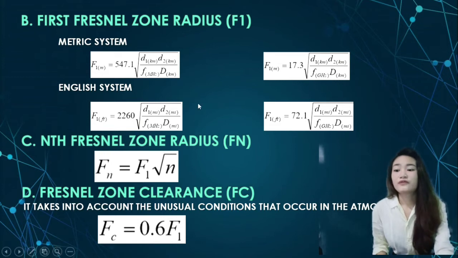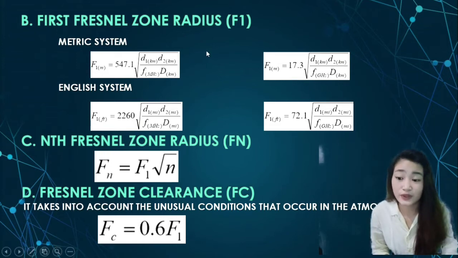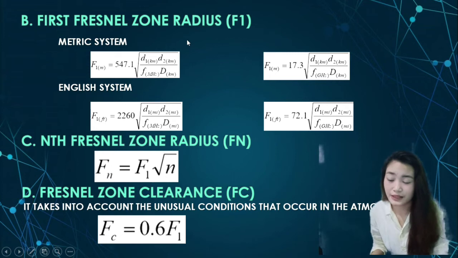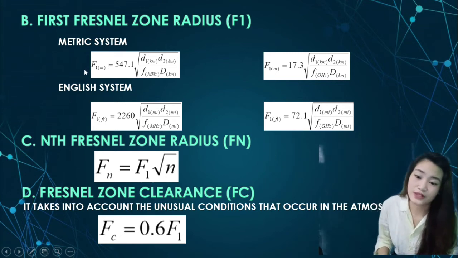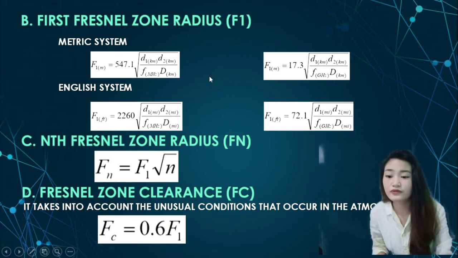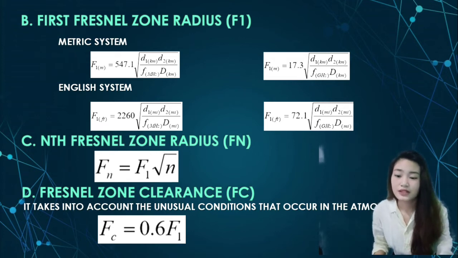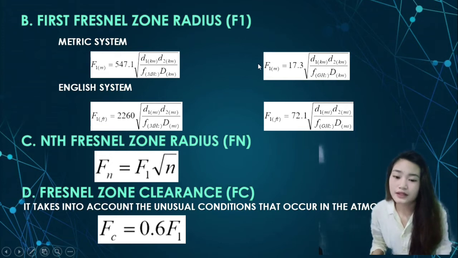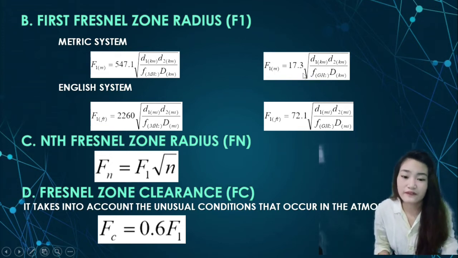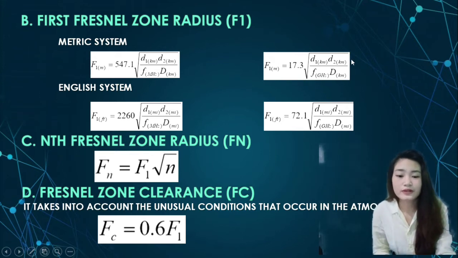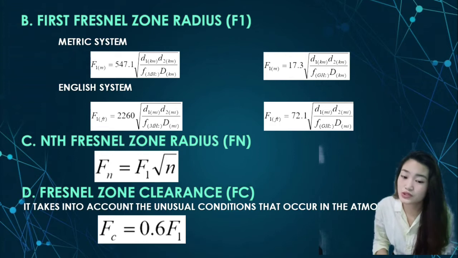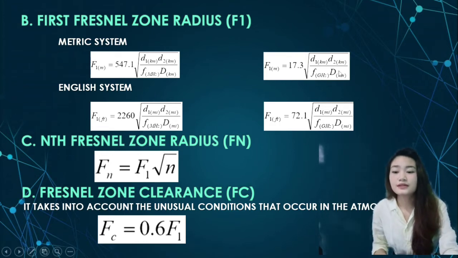Letter B. First Fresnel zone radius, or F1. In the metric system, F1 is equal to 547.1 square root of D1, D2 in kilometers over F, frequency in megahertz, times D in kilometers. And F1 in meters is 17.3 square root of D1, D2 in kilometers over F if you use gigahertz, times D in kilometers.